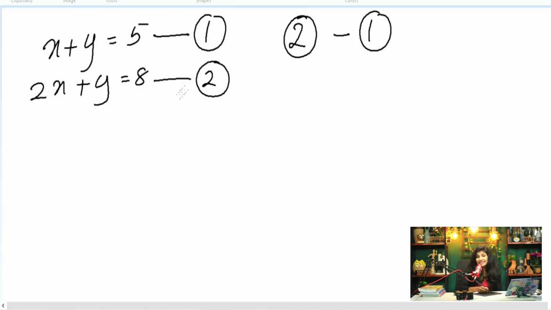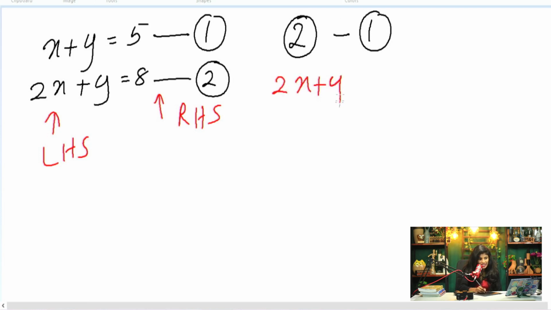In an equation we know that we have two sides, right? The right hand side and the left hand side. This is our right hand side, and this side is our left hand side. Now I'm going to take the left hand side first. Equation 2 is 2x plus y, and I'm going to subtract equation 1.